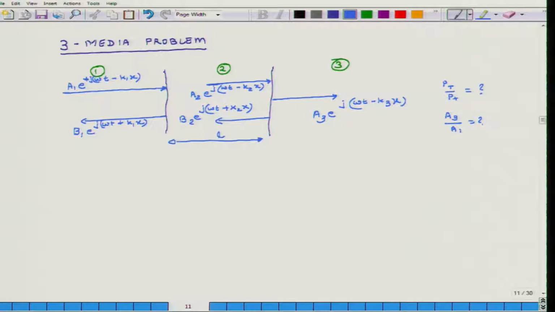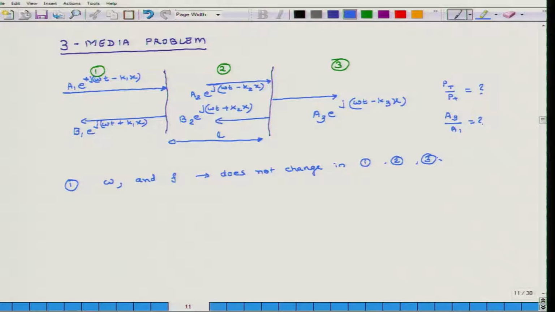Now some important things to note. First thing, as sound is traveling from medium 1 to medium 2 to medium 3, the frequency omega does not change in 1, 2 and 3.